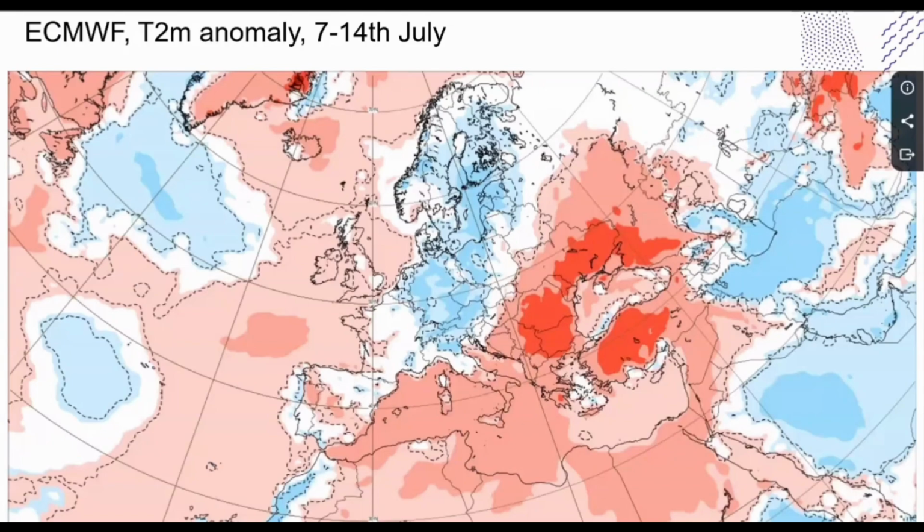Then I also took the weekly anomalies from ECMWF to see how the anomalies look for the next weeks. So this is for 7th to 14th of July. We have cold anomalies in large areas from Scandinavia and Finland towards the central part of Europe, and also in France and Spain we have many areas with white colors, so no positive anomaly.